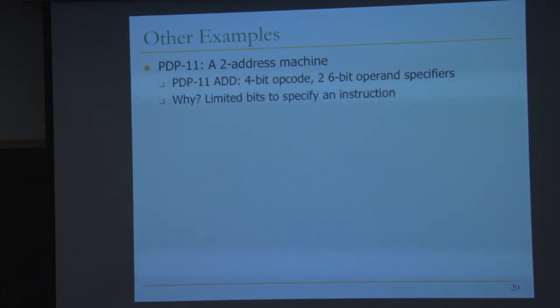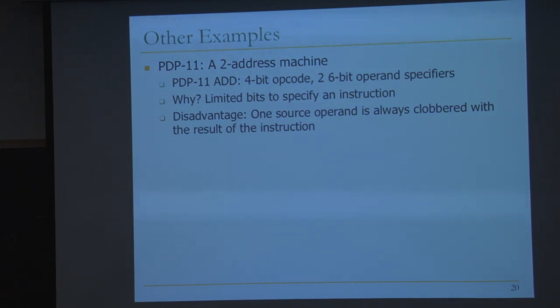Why was it a two-address machine? Because they wanted to keep the instructions 16 bits. That's the main reason. And they still wanted to have that many registers. And code size was very important at that time, to keep the code as small as possible.